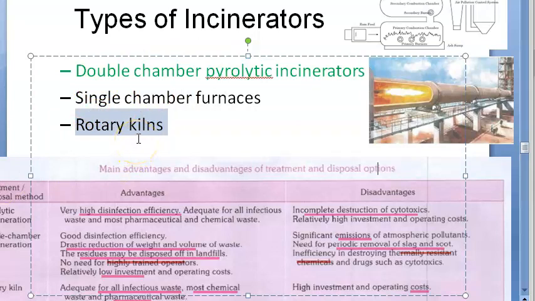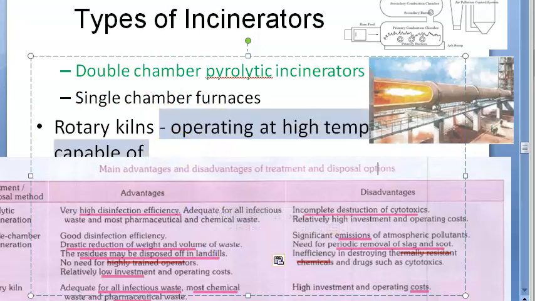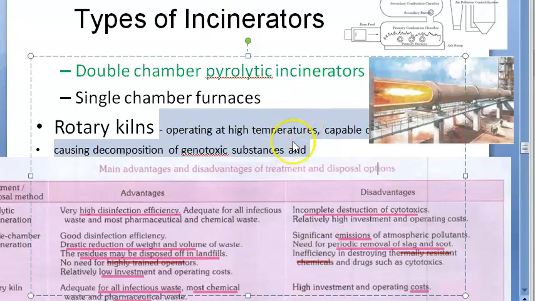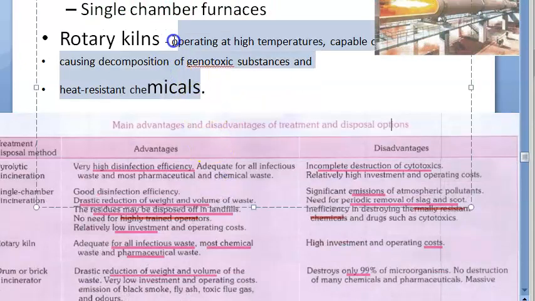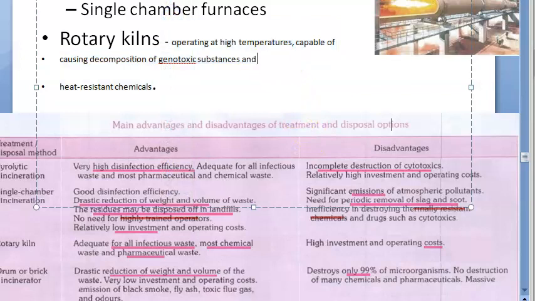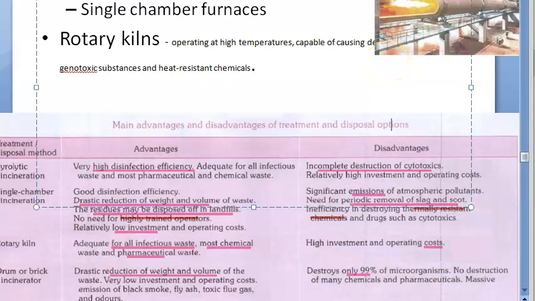They are capable of decomposing genotoxic substances and heat resistant chemicals. Okay. So they seem to like rotary kilns.